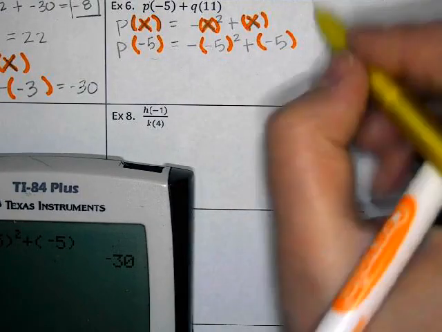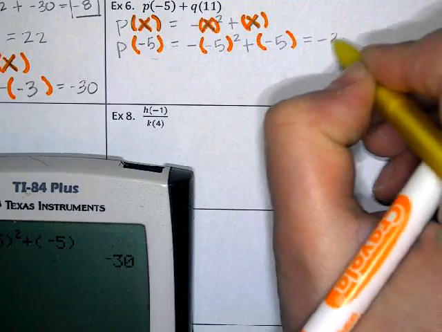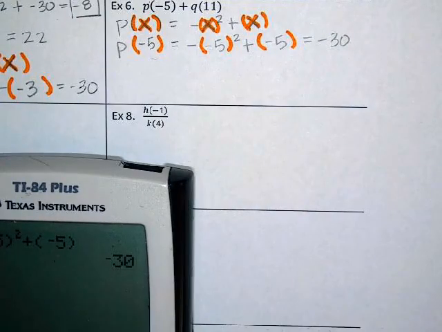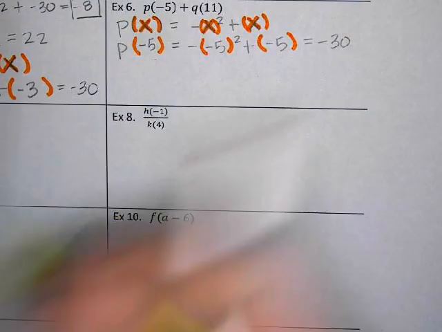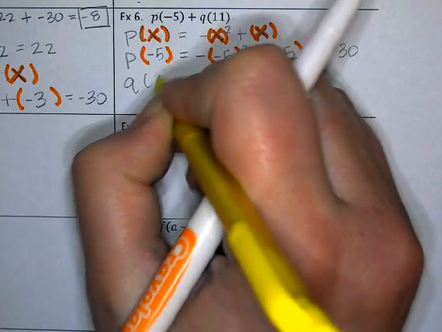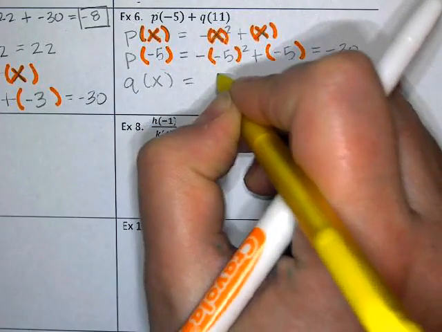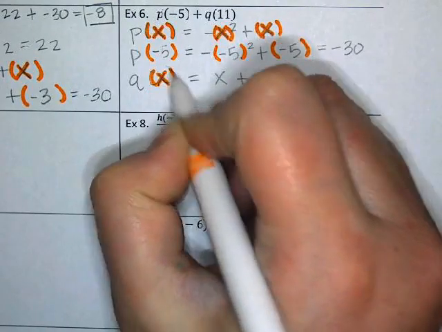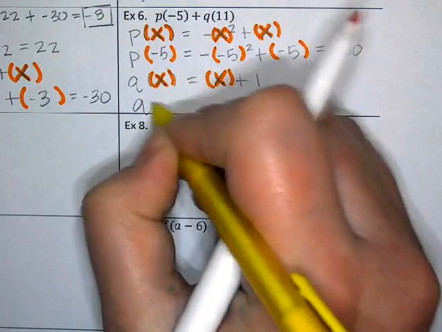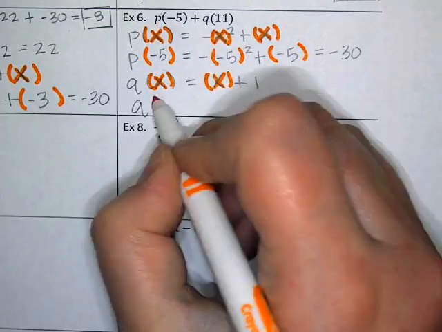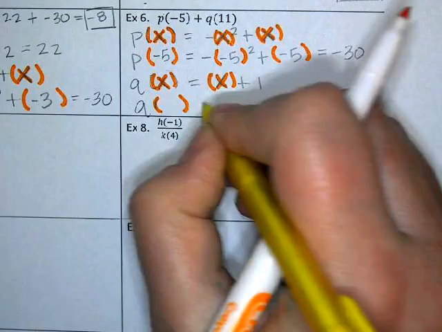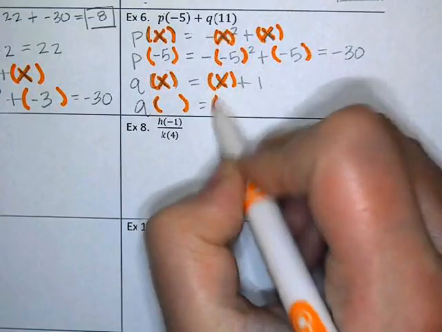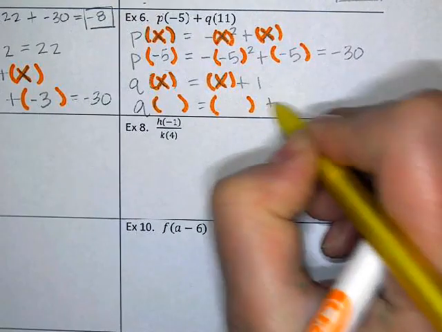Interesting. Okay. And now I need Q of 11. So Q of x equals x plus 1. And we are plugging in 11.